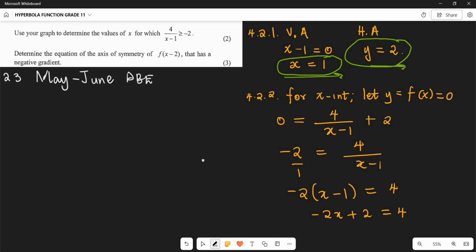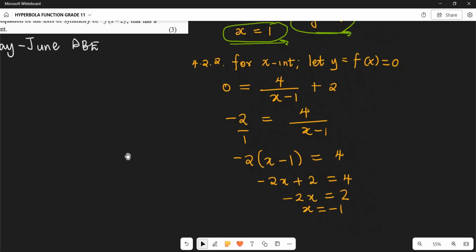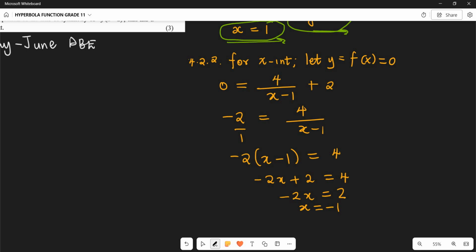And take the 2 over, that will give us negative 2x is equals to 2. And our x value is therefore negative 1. If we divide both sides by what? By negative 2. So the coordinate there would therefore be negative 1, because we already said our y value is 0. There is our coordinate of the x-intercept.